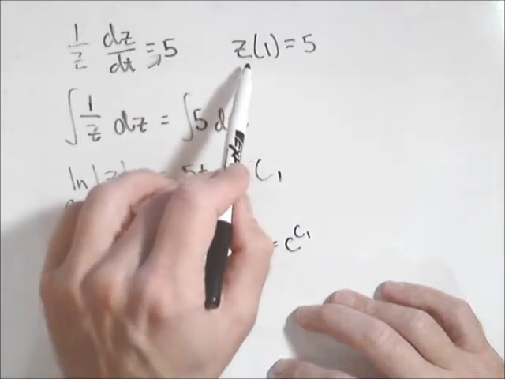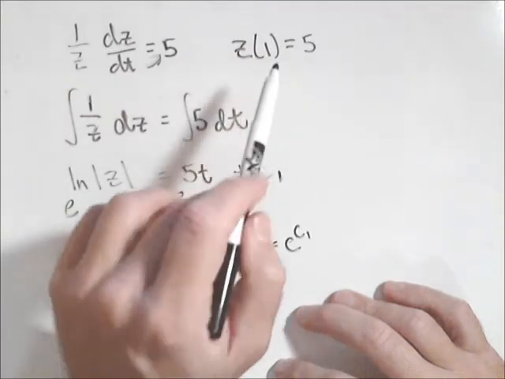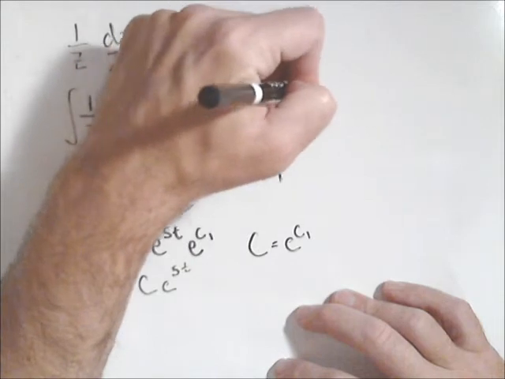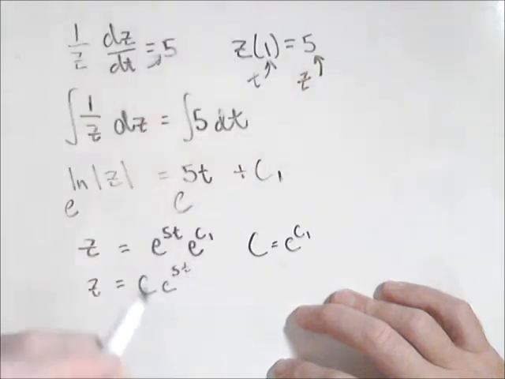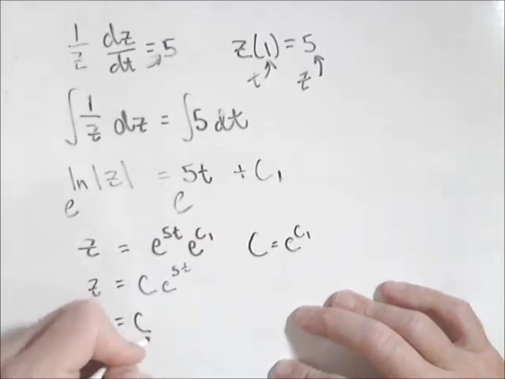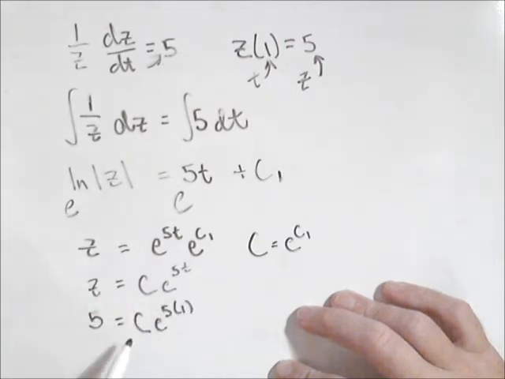Now we had an initial condition that z of 1 equals 5. That means when t equals 1, that's a t value, that z has to be 5. So this is kind of a function notation here. So we're going to plug those in and solve for c. So z has to be 5 when t equals 1, so that's c e to the 5 times 1, or e to the 5th.